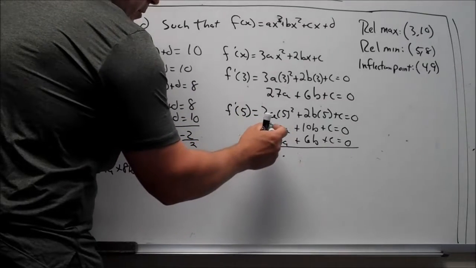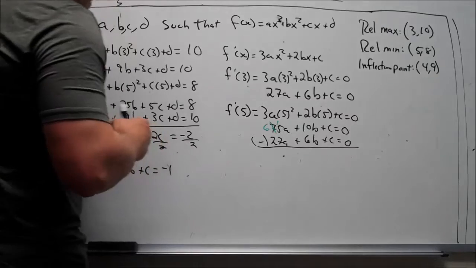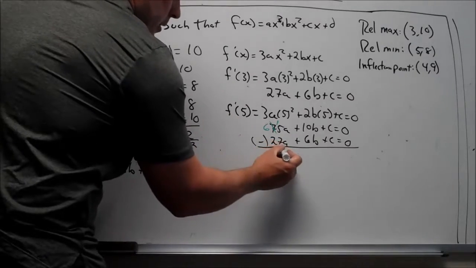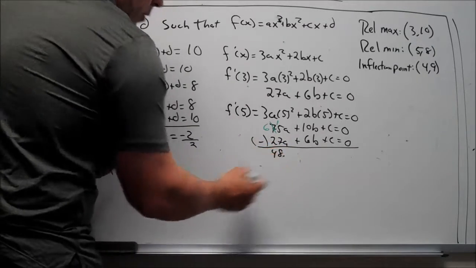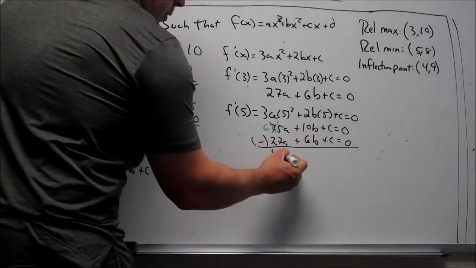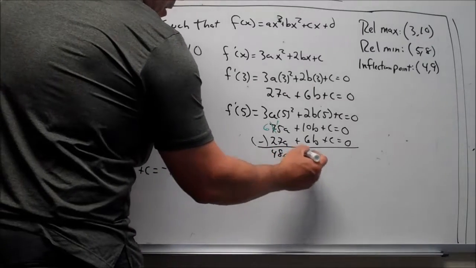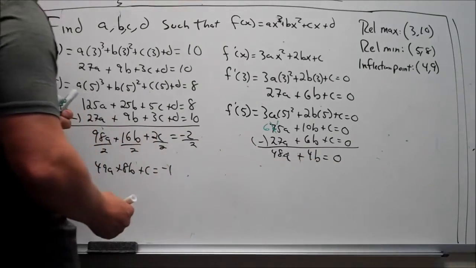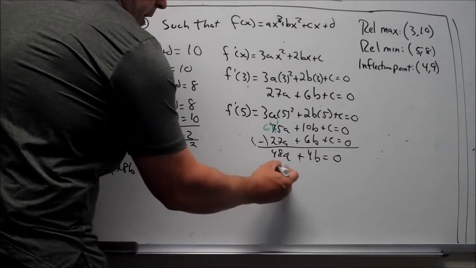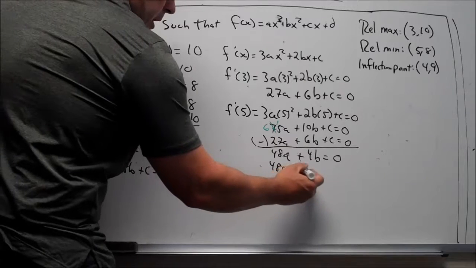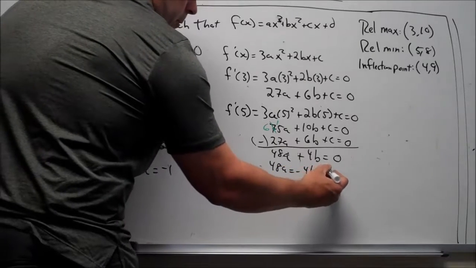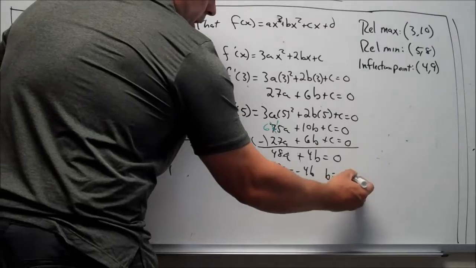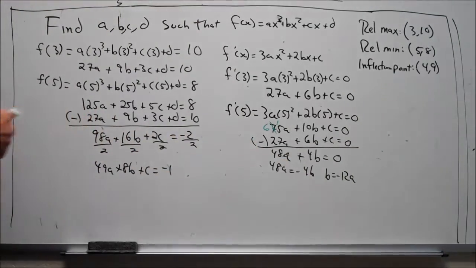Borrow from here, makes that a 6. 15 minus 7 is 8. 6 minus 2 is 4. So 48a plus 4b equals 0. So 48a equals negative 4b, or b equals negative 12a. Oh, there's a good relationship.